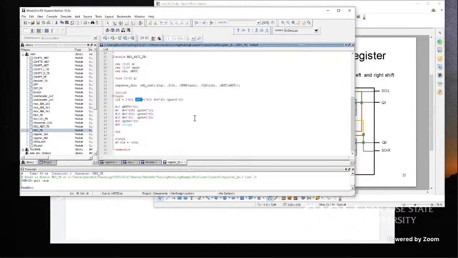We reset the whole system first, then feed in the clock and set D to 0 and operation code to 0, which is hold, at the initial time. And then at 10 nanoseconds, we are taking out the reset signal, so everything is normal operation. And then at some point of time, we are setting D to 15 and parallel load.